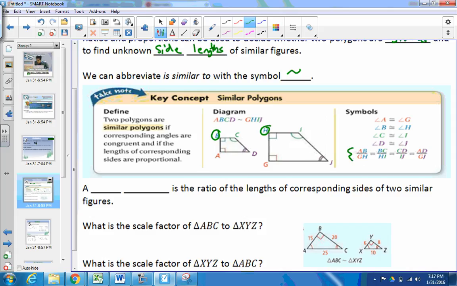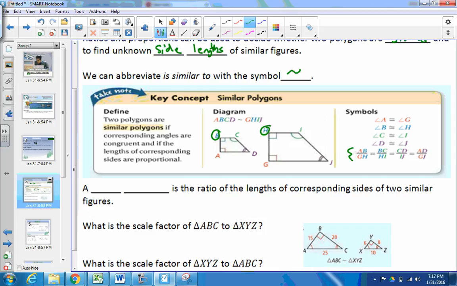So AB to GH would have to be, that proportion would have to be equal to BC to HI, to CD to IJ, and to AD to GJ. All right, that's an extended proportion showing the proportion for all the side lengths.